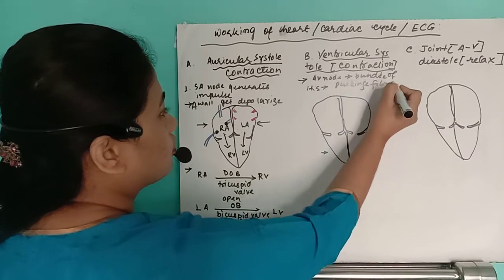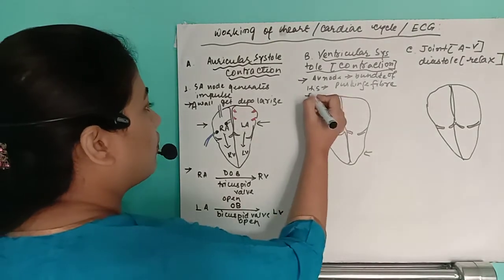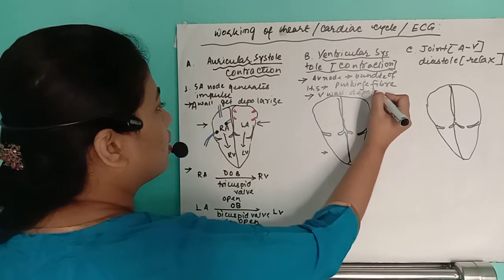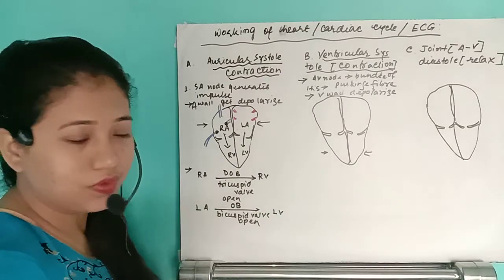Okay, so this way the ventricular wall gets depolarized and it will generate the impulse and the ventricle will contract.